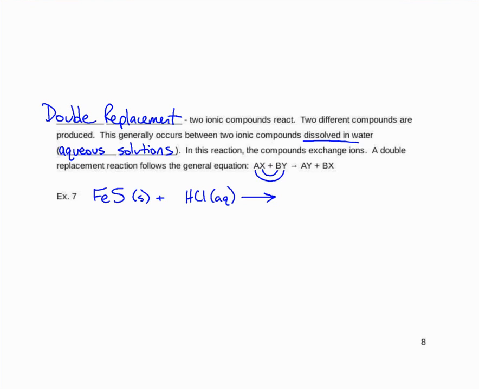Here's something that might be helpful. Something that may be helpful is to figure out the charges of all of these elements before we even start writing things over here.